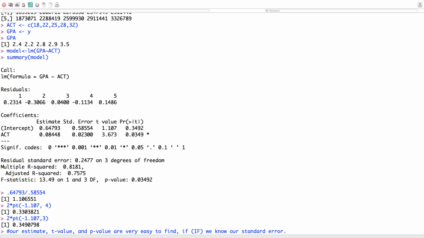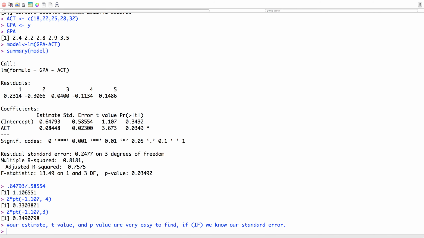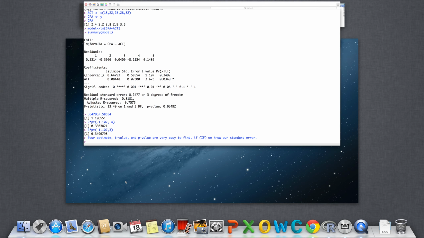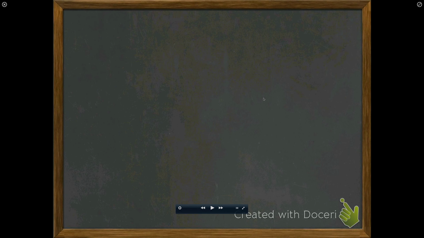Well, guys, it turns out that there's a lot more to the standard error than you may imagine, and that's what I want to go back and give you the illustration of here.